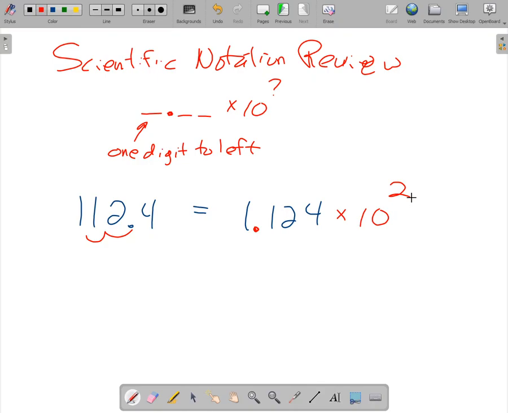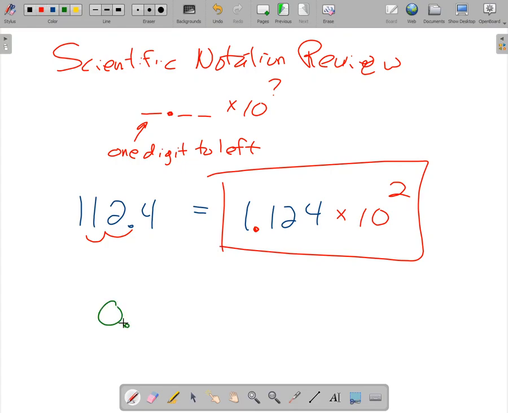Positive exponents mean I have big numbers. Negative exponents mean I have little numbers, fractions, proper fractions. So that would be the answer it would be expecting there. Now, I could, if I want, put the decimal way over here, then this would be times 10 to the third power.